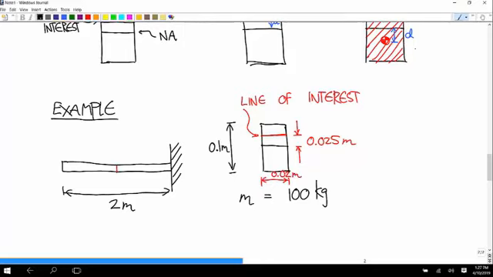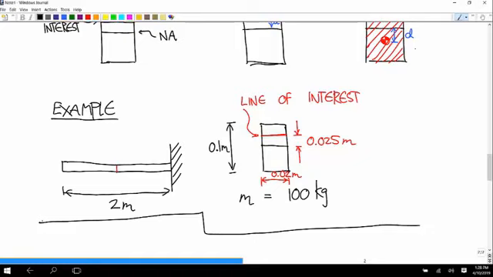Okay, let's think about what we have in this problem for a second. We know how to do stresses due to these kinds of loads: tension, compression, bending moment, and shear force. Of those, what kind are we going to have here? We're going to have bending moment and shear force.